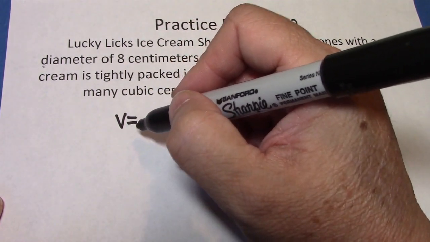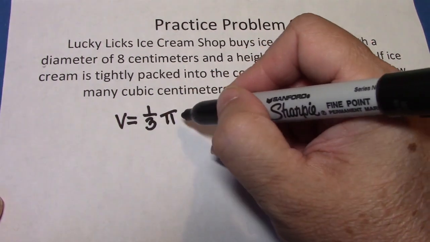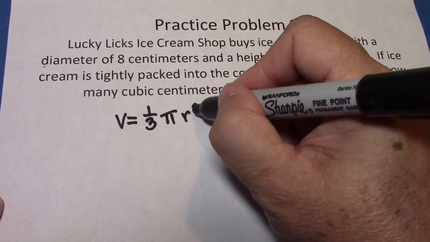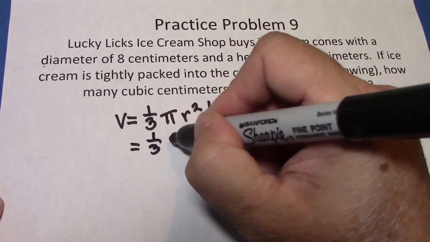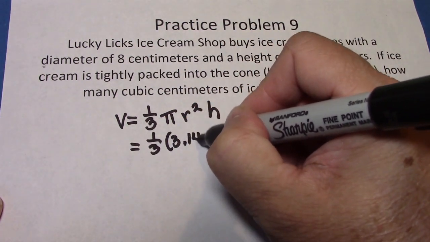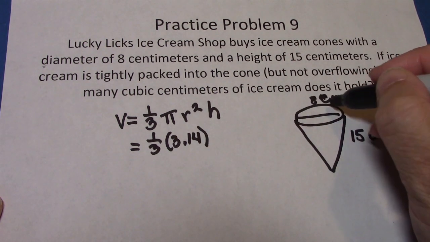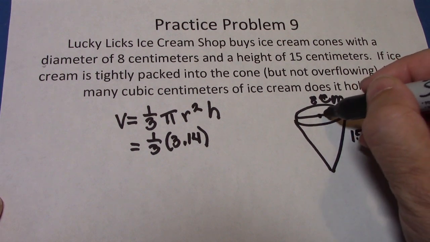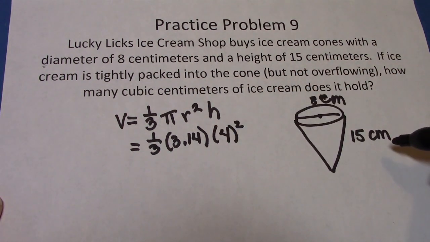And the volume formula for a cone is 1/3 pi times the radius squared, times its height. That's going to be 1/3, 3.14. The radius, well, they told us the diameter is 8 centimeters. The radius is half of that, so 4 squared.